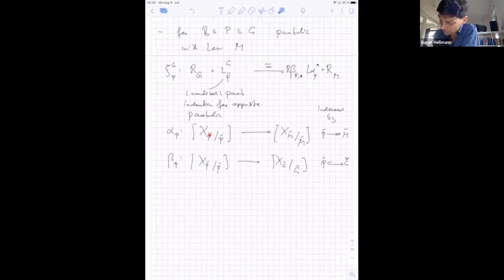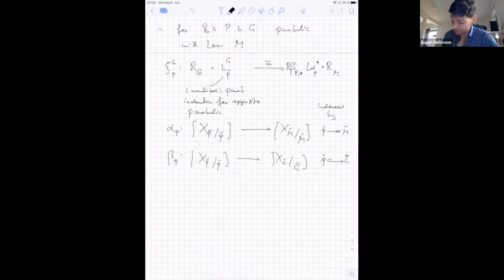So you pull them back here, and then you push them forward, and you end up with sheaves on this X G check. And you're supposed to see the same thing as first inducing a representation and then applying this expected functor RG. And of course, I should say that if you ask these natural isomorphisms to exist, then in some sense, the various natural isomorphisms like this should be compatible.